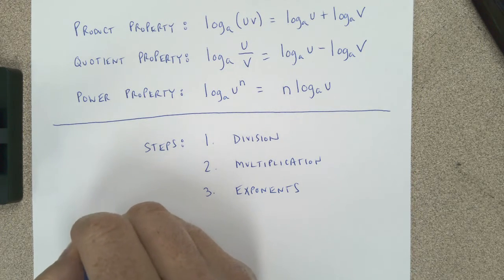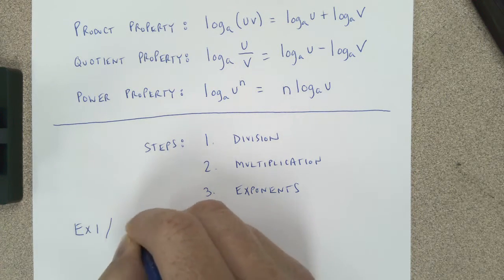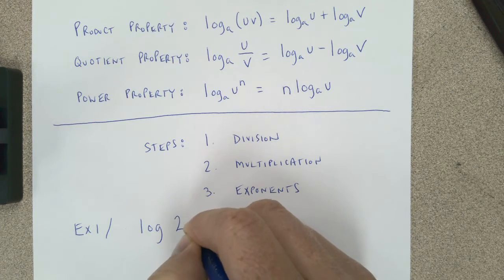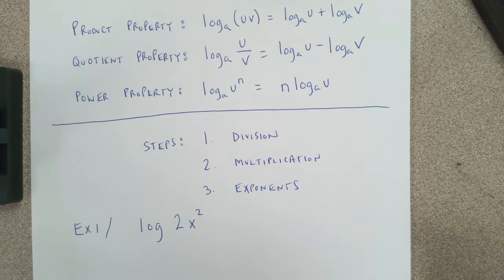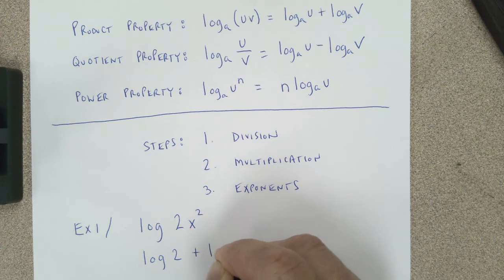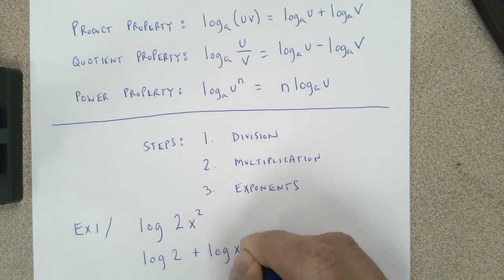Here's example one. Let's say that we have the log of 2x squared. Okay, so as we look at this, we're going to look at the multiplication first. We're going to expand it. We're going to say this is the log of 2 plus the log of x squared.